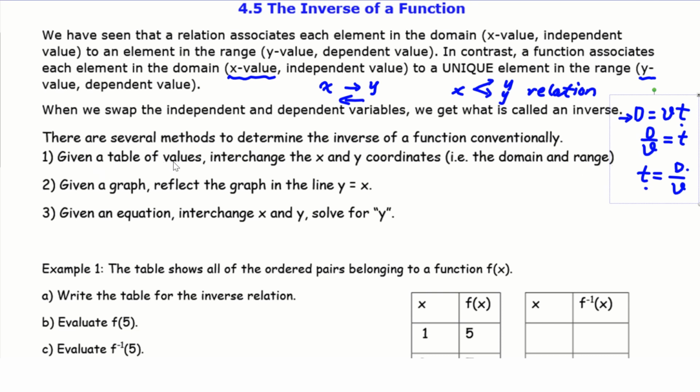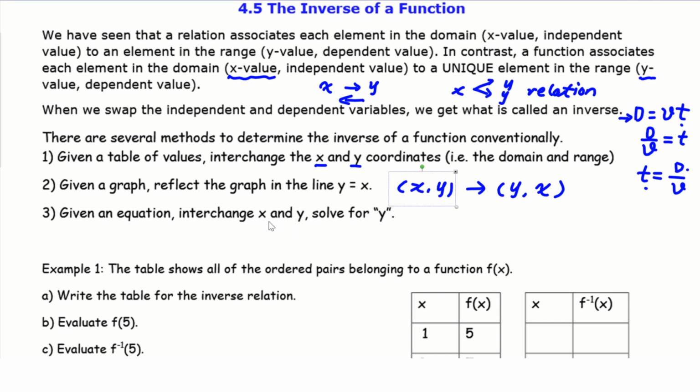If a table of values is given, then we just switch x and y, and you will have the inverse of the function. If a graph is given, then we just reflect the graph in the line y equals x. That means you just switch the xy coordinates to a new point, and you will have the inverse of this function.